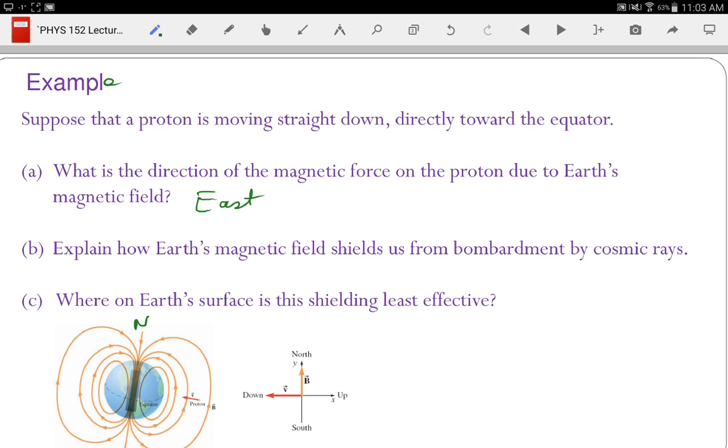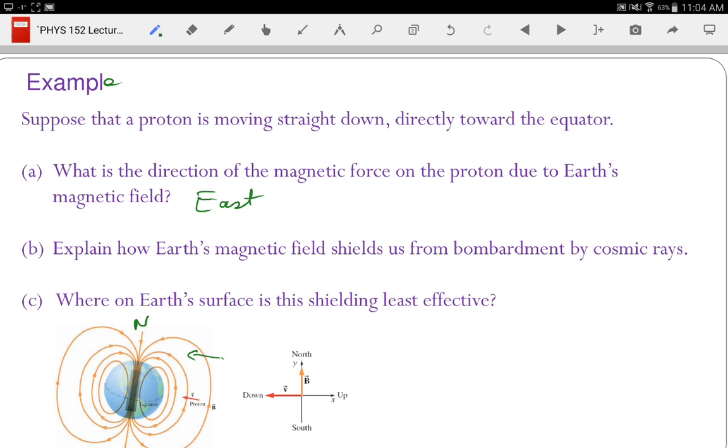Now, what Anna's been answering is what happens if that same proton comes in here instead. If we do our same work, index finger like this for V, middle finger pointing at an angle like that, the force is the same, right? But because these aren't perpendicular, it's still going to maintain some velocity that's parallel to the field.